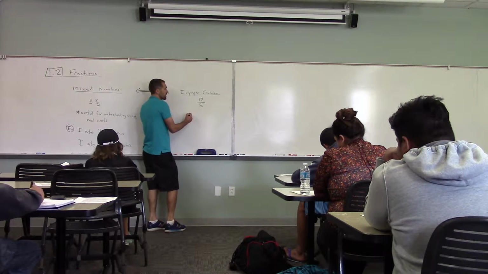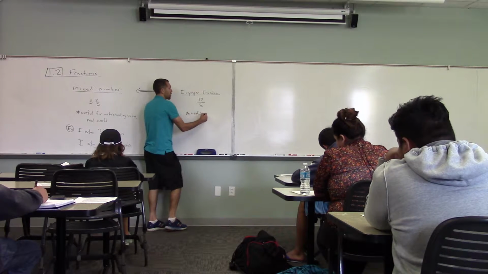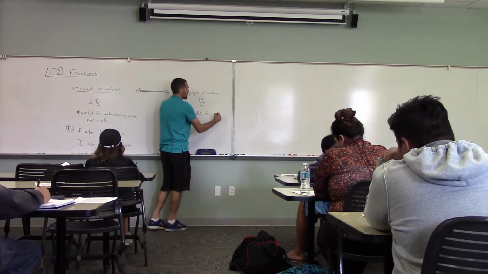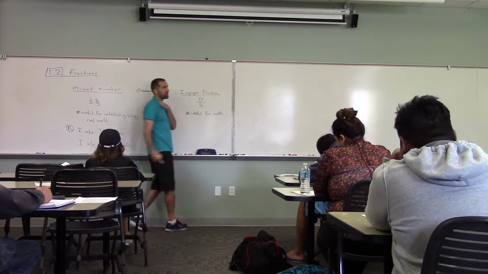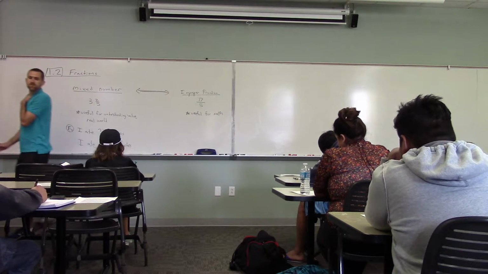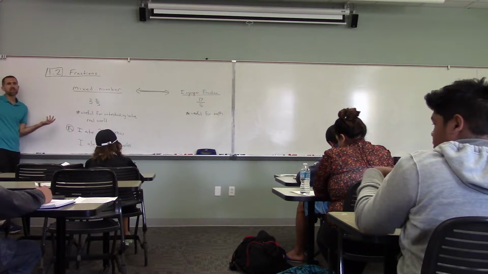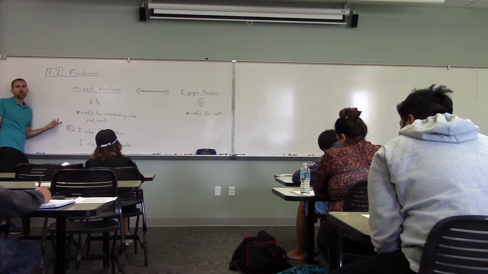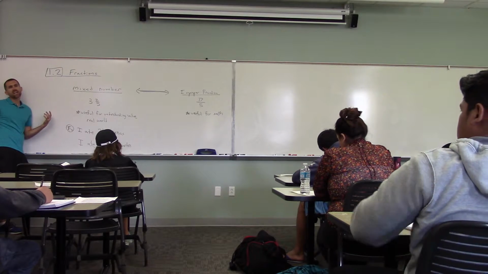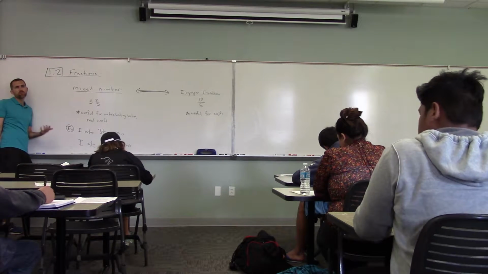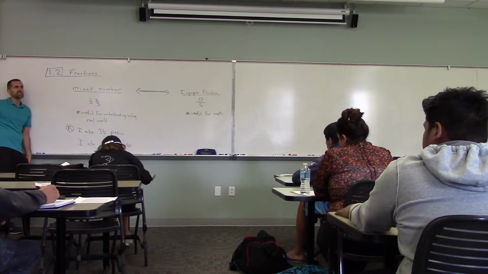Whereas over here, this is useful for math. We use this in any and all operations that we do with math, and it will become very apparent why. For example, if you ask how much money you have in your bank account, and they say you have 10,532 sevenths, you're like, what the hell is that?